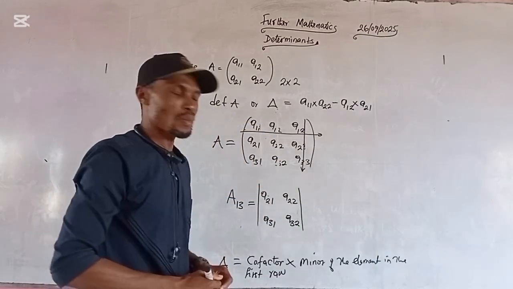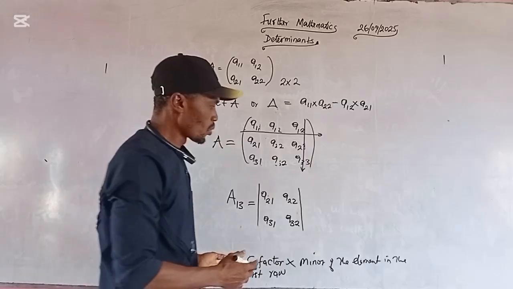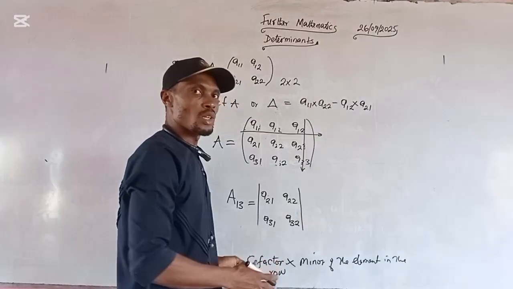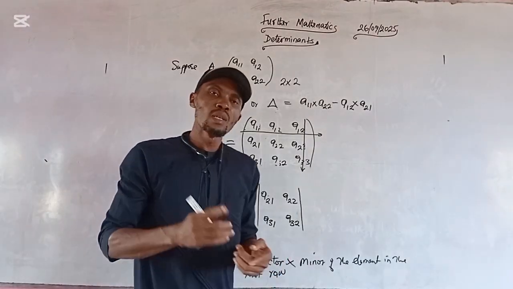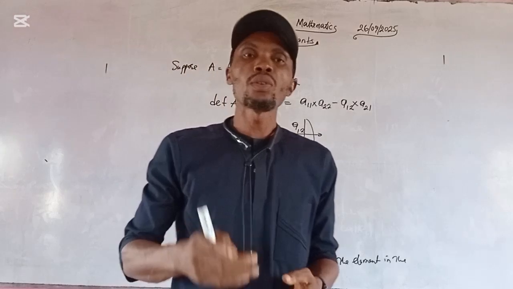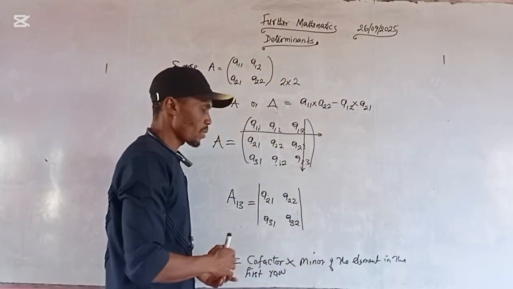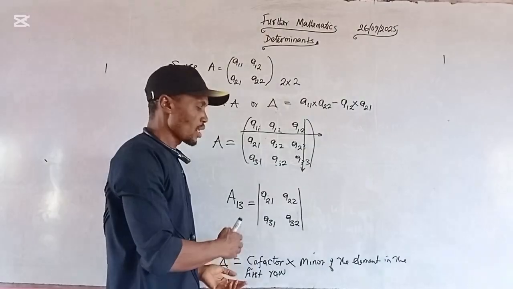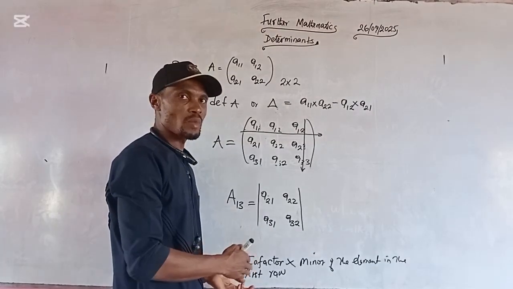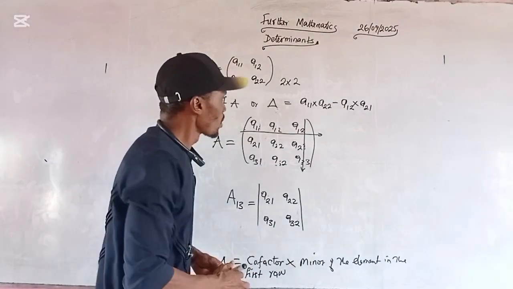We are not stopping there. For you to do this appropriately, you have to assign a positive or a negative sign to each of these minors. This establishes the cofactor of the element. How do you do that?